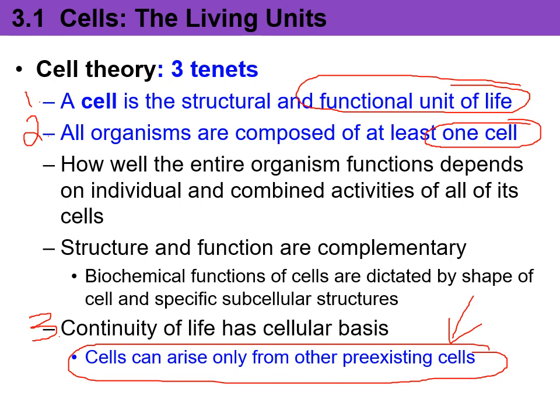Now, before the discovery of the microscope and before this third tenet came along, many scientists believed, and now we're talking about the 1800s, in this thing called spontaneous generation. And spontaneous generation basically stated that if you had an inanimate object and you provided the right environmental conditions, spontaneously it would generate life.